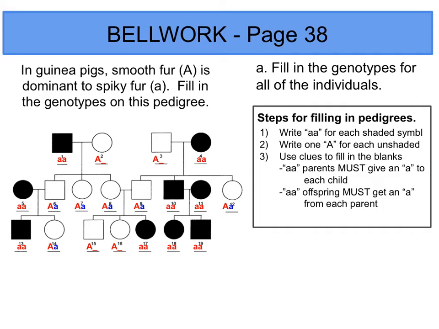And I see one place where that can help us. Right here. This son, guinea pig of these two guinea pigs, has little a. We see that one of those could come from the mom, but the other one would have to come from the dad. So what that means is that the dad has to be big A, little a. So we can fill that in.